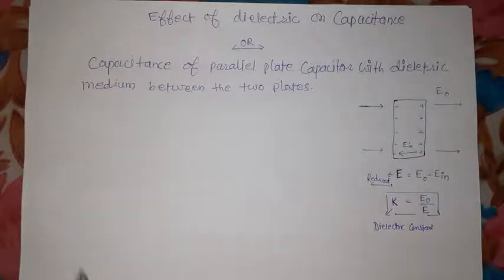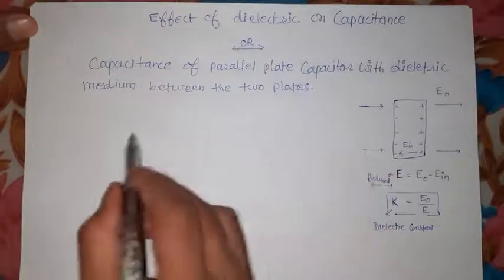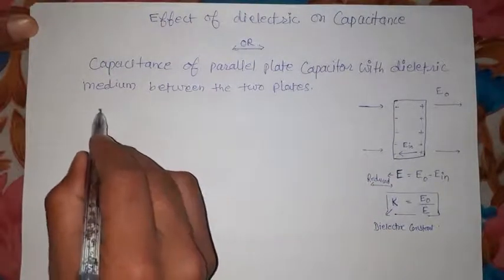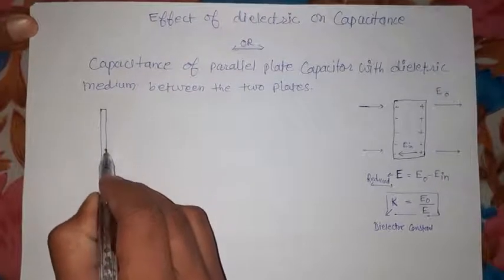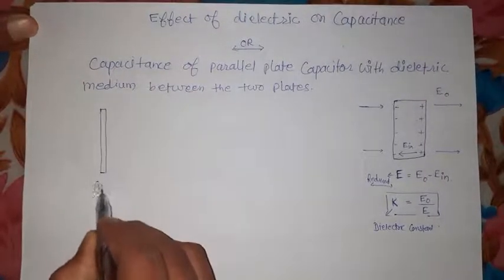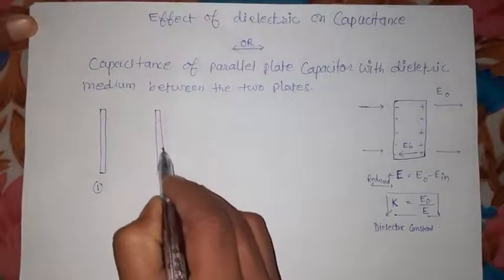Now let us start with the parallel plate capacitor. I'm supposing here, student, this parallel plate capacitor. This is its plate number 1, here is plate number 2.